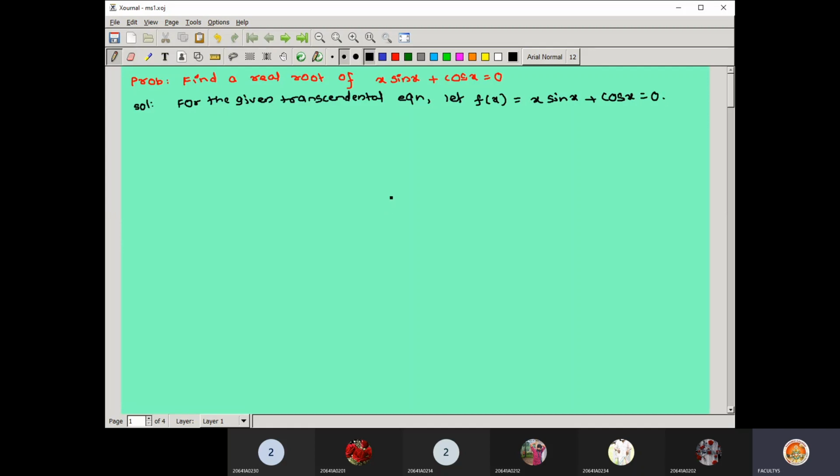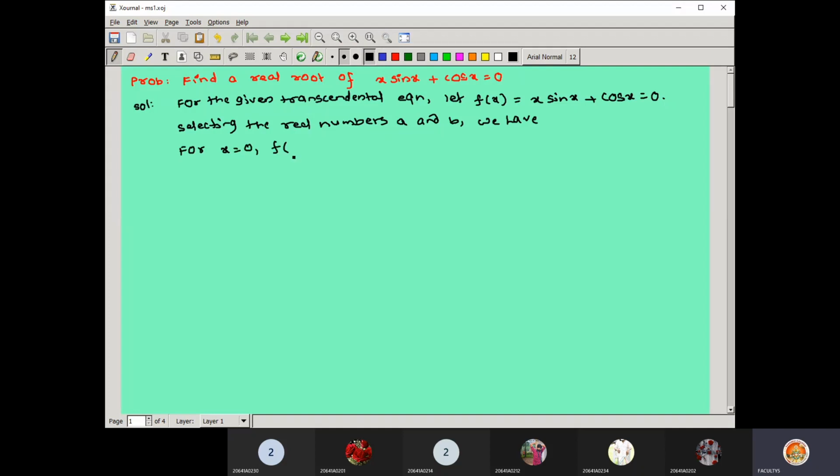This is the given equation. Now our duty is to calculate the real root, so selecting the real numbers a and b. In order to select them, remember to always start with x equal to 0.